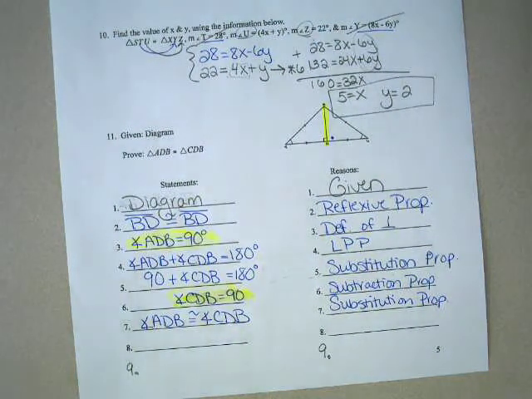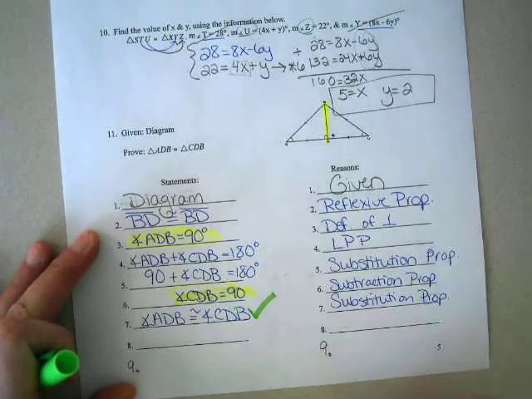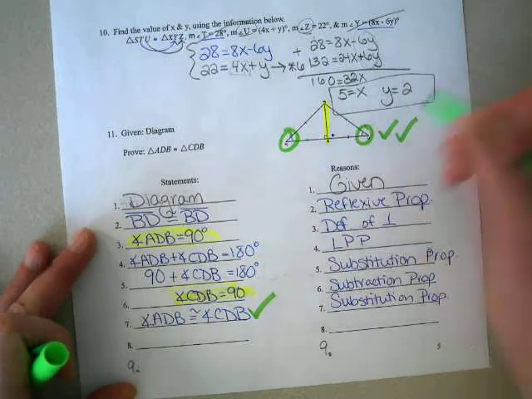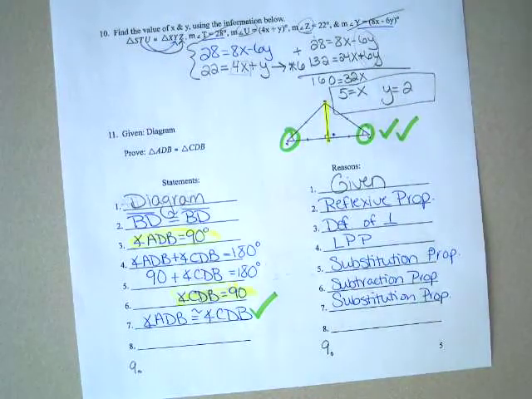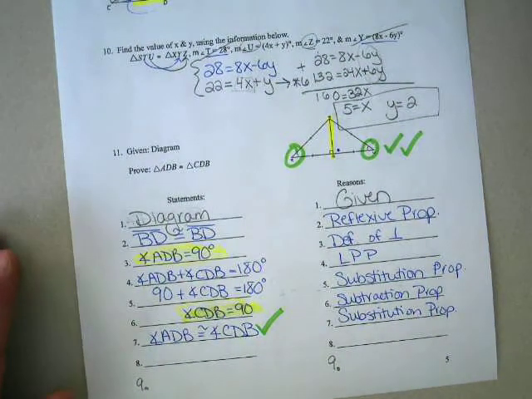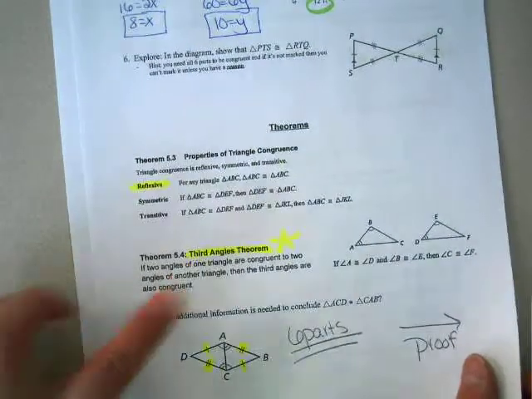All right, I've got two angles. I've got one, and then they gave me this one. So I've got two angles now. I need the third set of angles. Oh, didn't we just talk about that? What's it called? The third angle theorem? Correct.